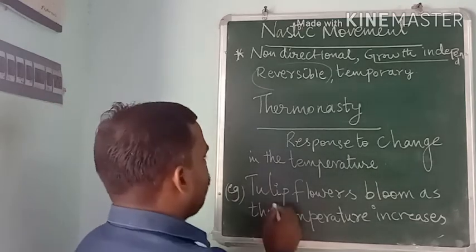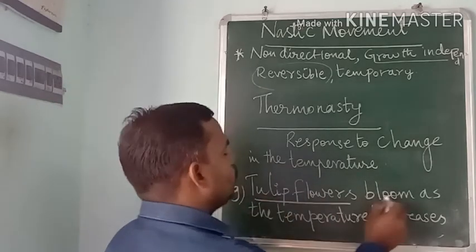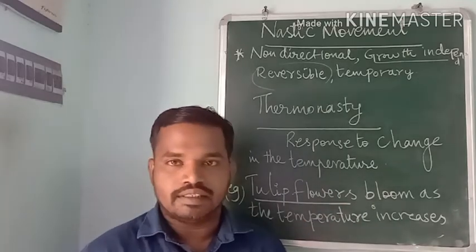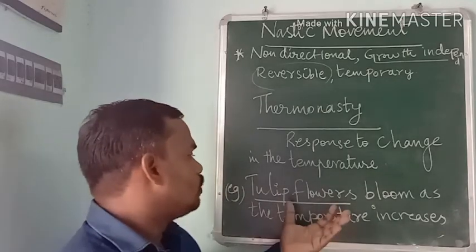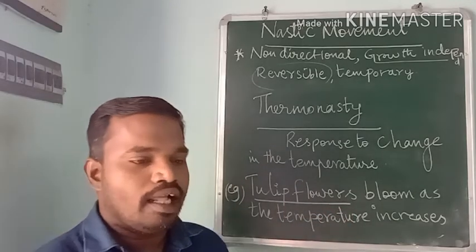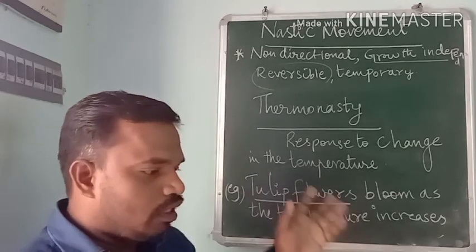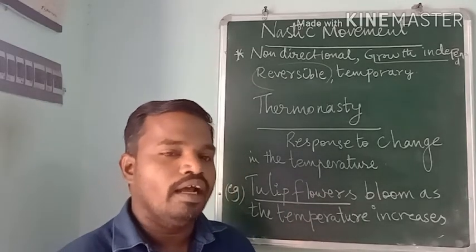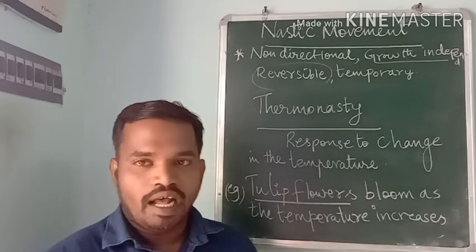So for example, tulip flowers bloom as the temperature increases. அதனுடைய blooming activity, tulip plant உடைய flower blooming activity எப்படி இருக்குன்னா temperature அதிகமாக blooming வந்து நிறைய நடக்க ஆரம்பிச்சிடும். அதே moon flower வந்து temperature குறைய அதனுடைய blooming activity அதிகமாகும்.